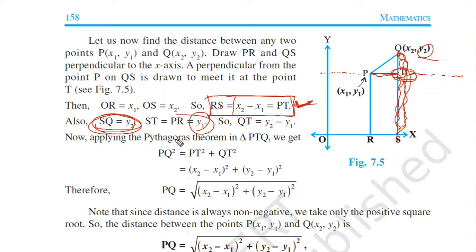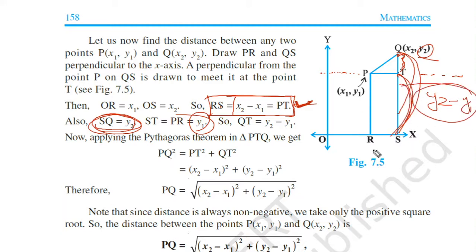Now we have to find the length of QT. The length of QT will be equal to QS minus TS. What is the length of QS? QS is Y2, and the length of TS is Y1.